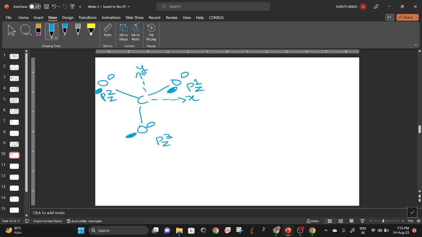So C2y, what will it change? Position of 1 and 2 will be interchanged and position of 3 will remain the same. And also the sign of lobes will change. Yes, that is important here.